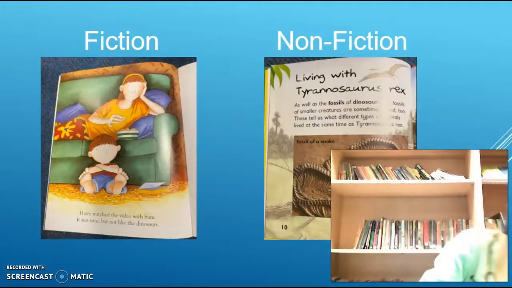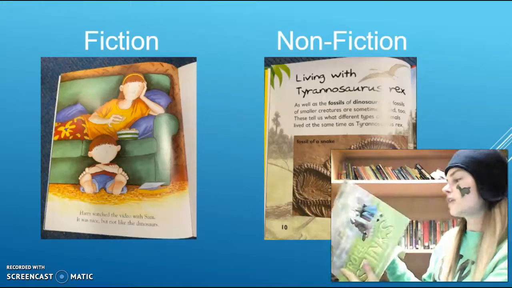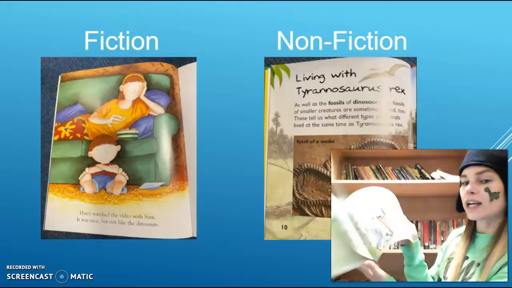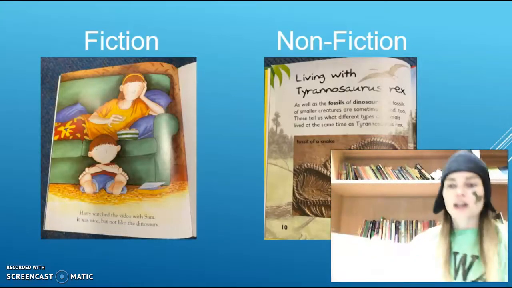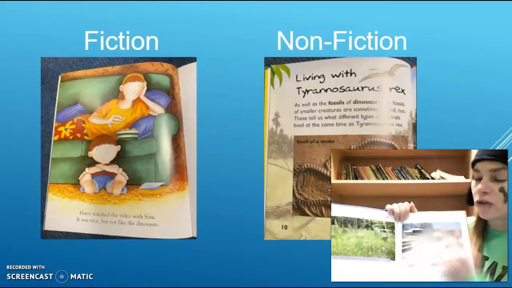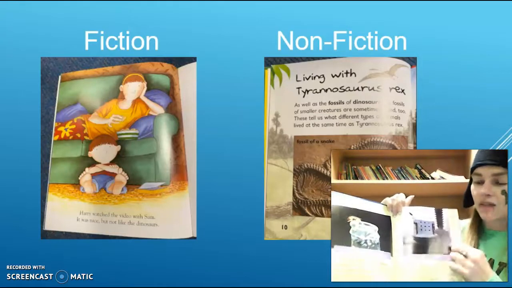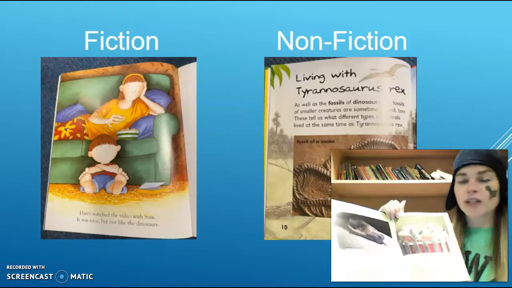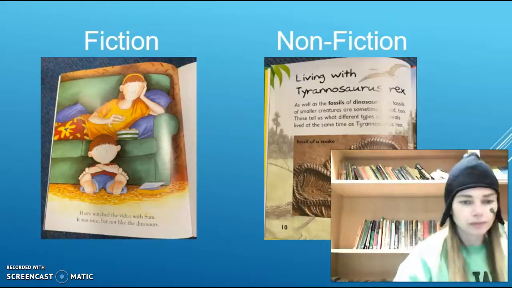And if we look at this fiction book here, we can also see that there are drawings, illustrations on the pages. But often non-fiction books, instead of having drawings, will have photographs in them. So we can see here, on each of the pages, there is a different photograph. So that is another difference between fiction and non-fiction books.